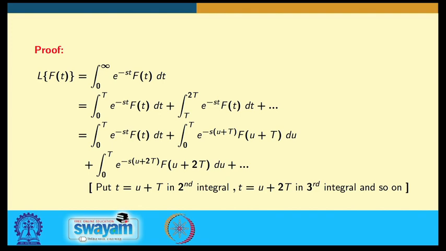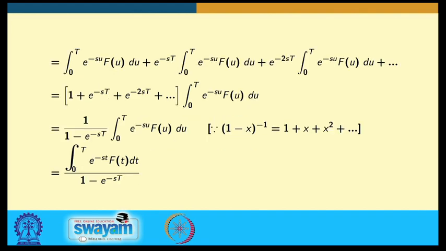Now, using the substitution t equals u plus capital T in the second, third and all other integrals, you will find that I am getting the integral from 0 to T of e^(-st) f(t) dt plus the integral from 0 to T of e^(-s(u+T)) f(u+T) du, and I am continuing like this. So from here I am just taking e^(-sT) outside in the second integral, and e^(-2sT) outside in the third integral.